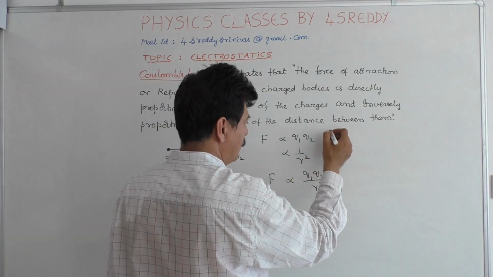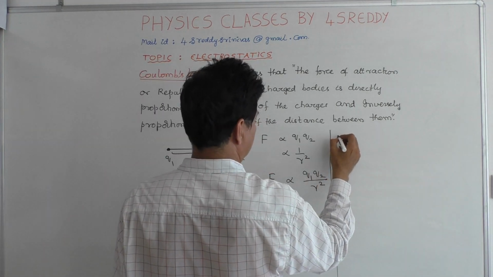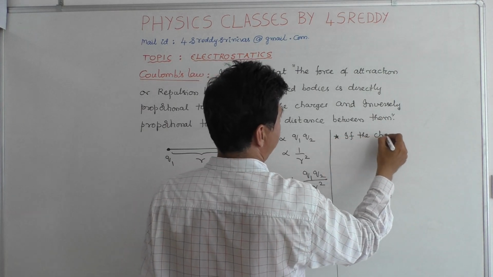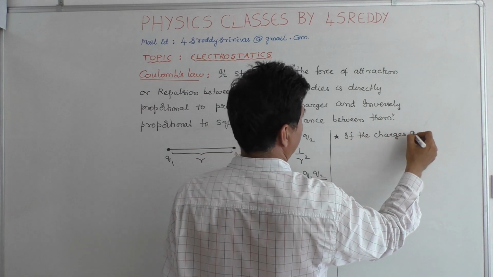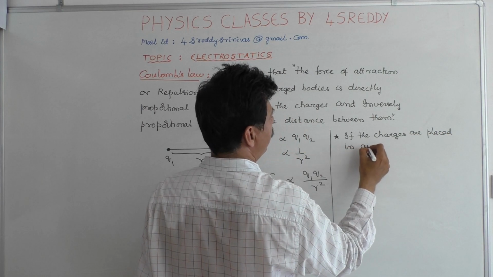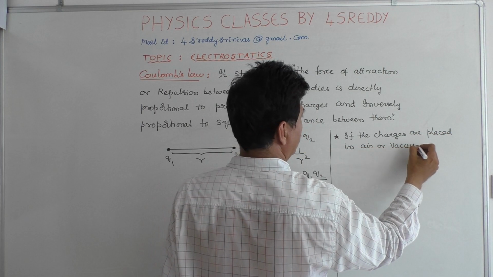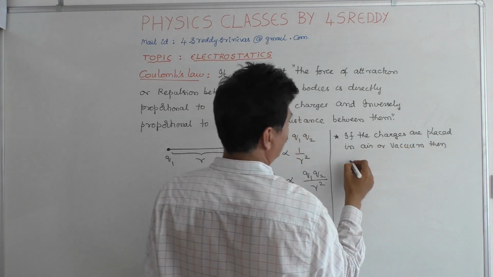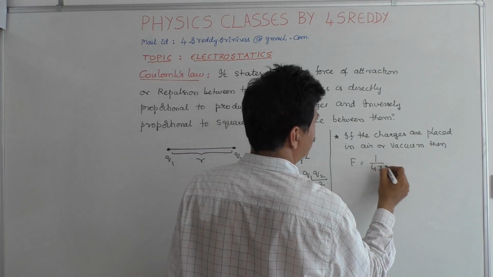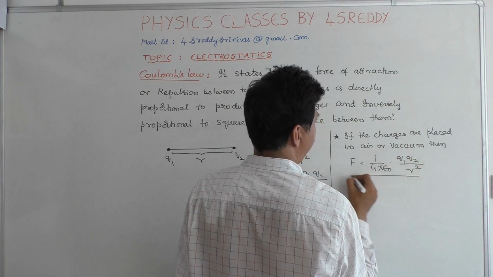Now, if the charges are placed in air or vacuum, then the force is given by F equals 1 by 4 pi epsilon naught times Q1 Q2 by R square.